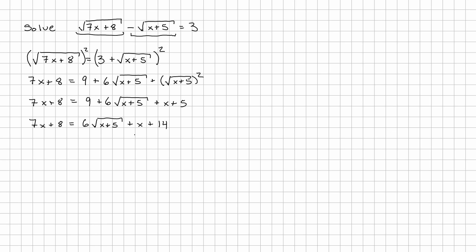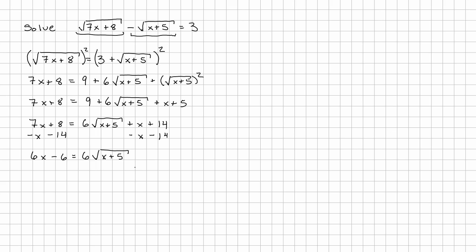Now I want to isolate the second radical. I'll subtract x on both sides, subtract 14 on both sides. I've got 6x minus 6 equals 6 times root x plus 5.